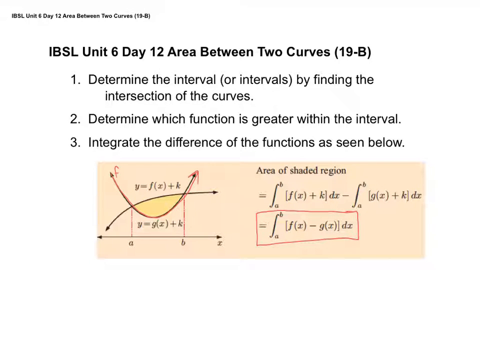G of x is this here, it looks kind of like a logarithmic function maybe. First of all, the interval that we're using from a to b lines up with the two points where these intersect. So the interval that we're using is the interval between the intersection points.